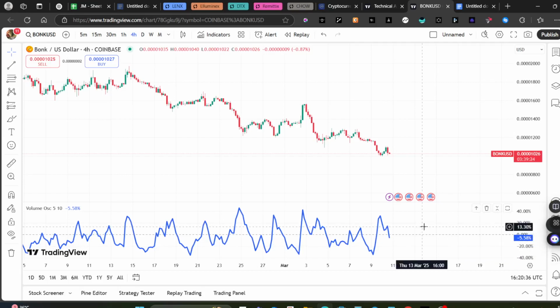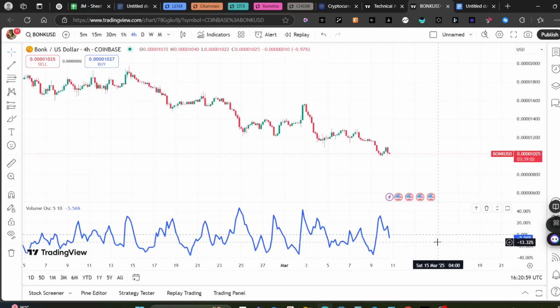Now let's break down how to read this indicator. When the volume oscillator rises above zero, it means short-term volume is increasing faster than the long-term trend. This can indicate strong buying or selling pressure depending on price action. When the oscillator falls below zero, it means that volume is drying up, signaling a potential slowdown in momentum.